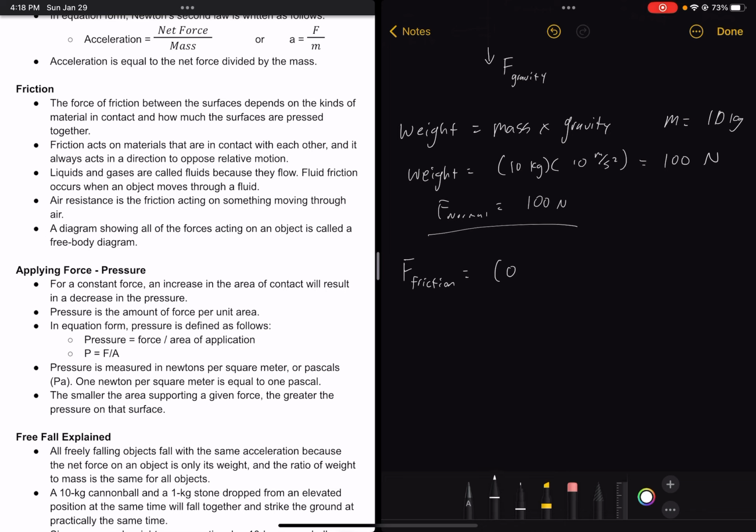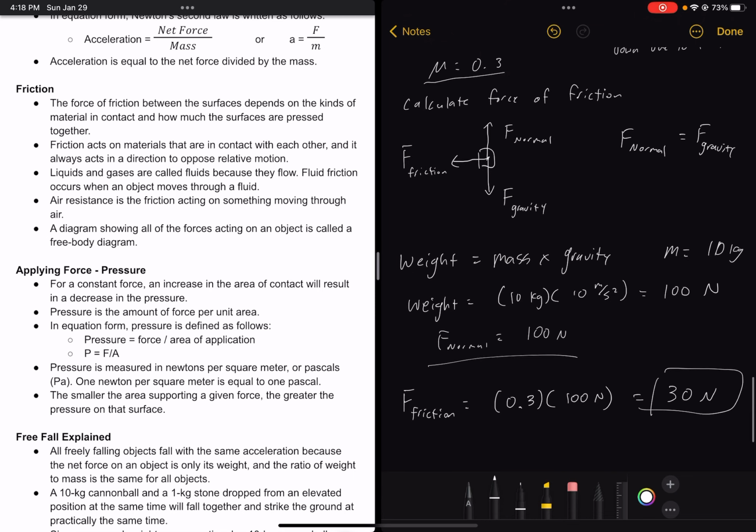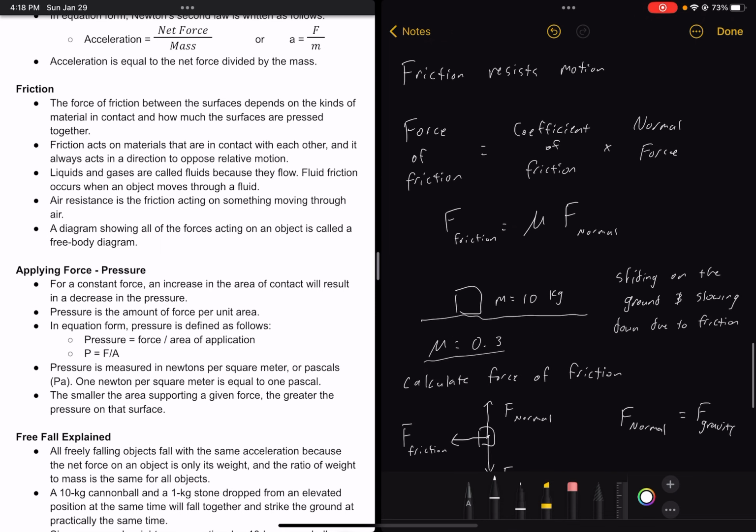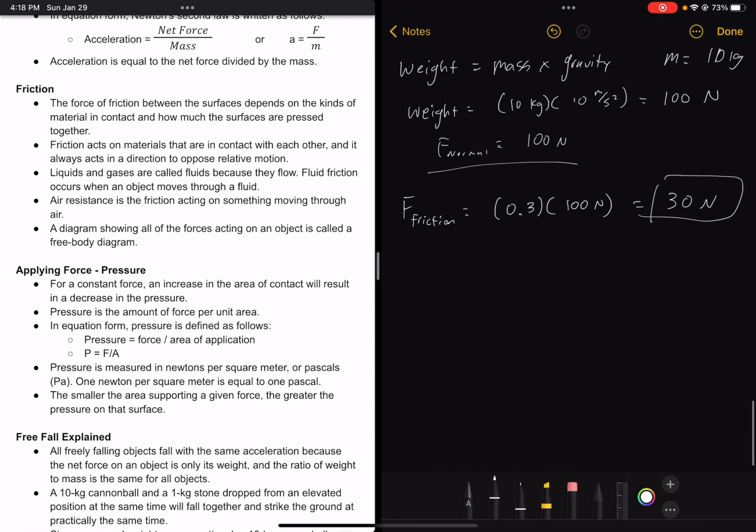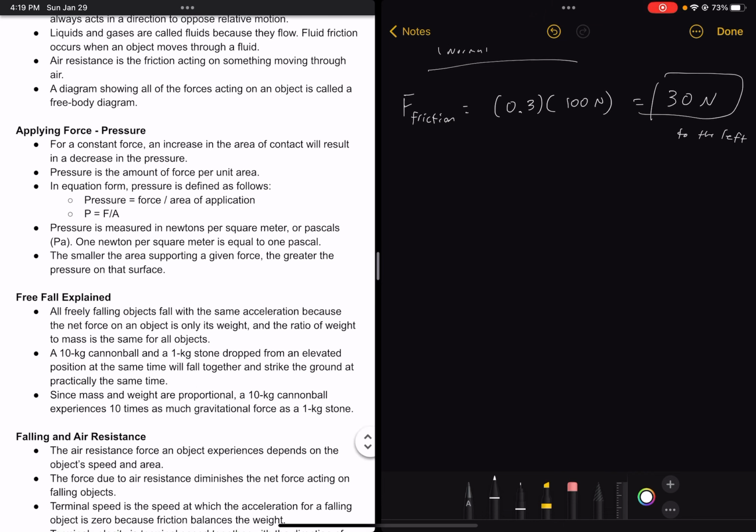So 0.3 times a normal force of 100 newtons. So we get a force of friction of 30 newtons. And you can specify going to the left. So if this object's sliding to the right, friction's going to be going to the left because it's slowing down. So that's the answer to that problem.